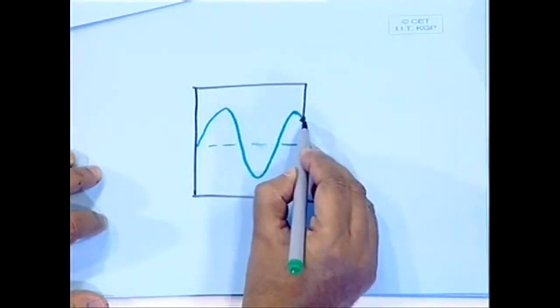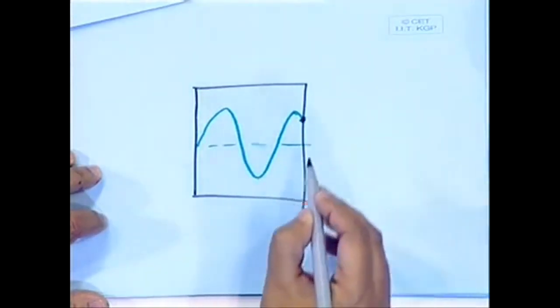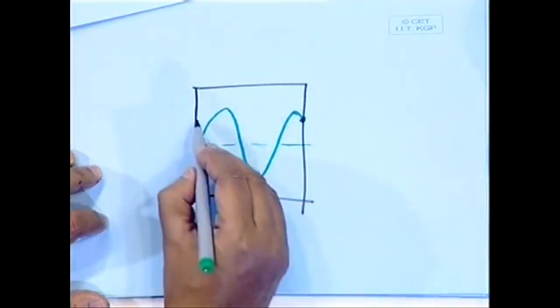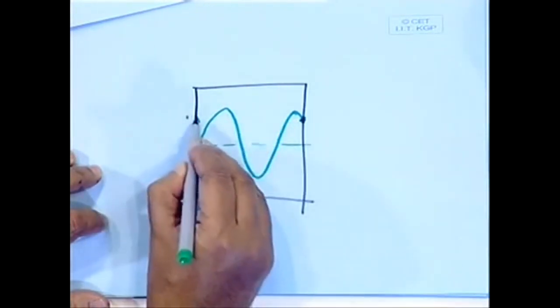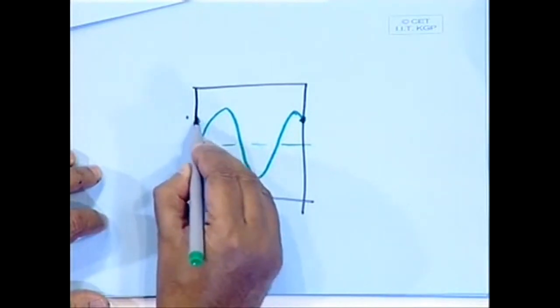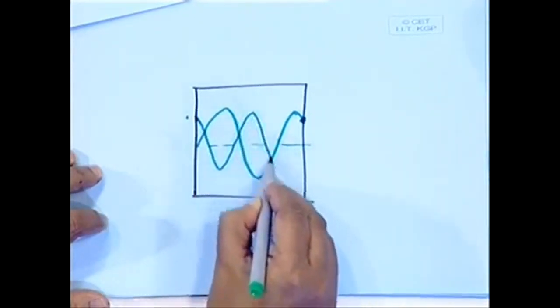So, where will the beam be? The beam will be here, but the sine wave is a continuously running sine wave. So, what will happen is that the next journey will start, because the sweep will bring it back immediately to this place, and the next journey will start something like this.